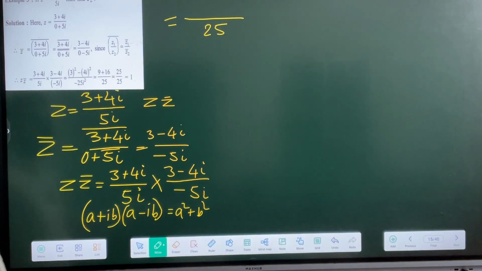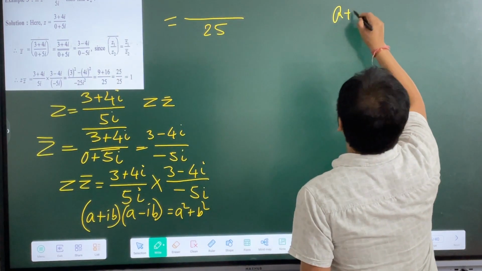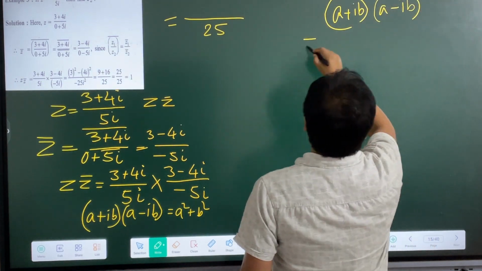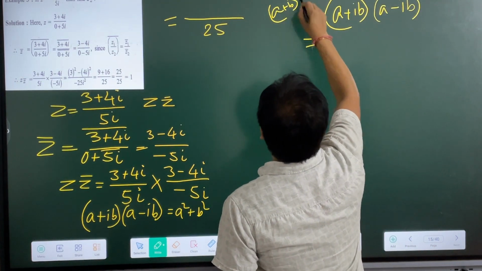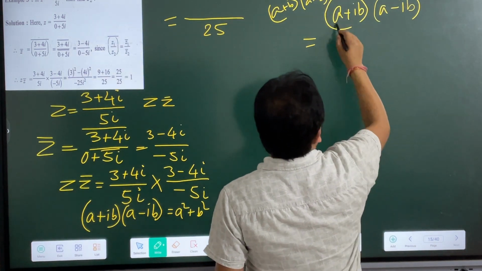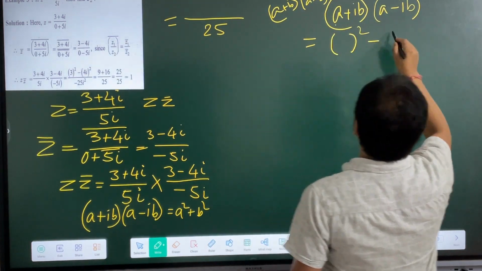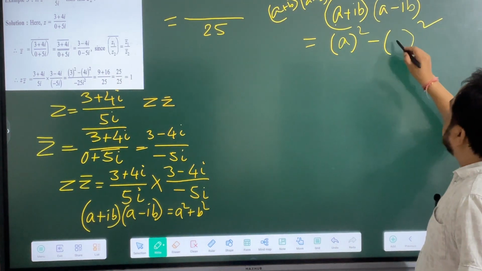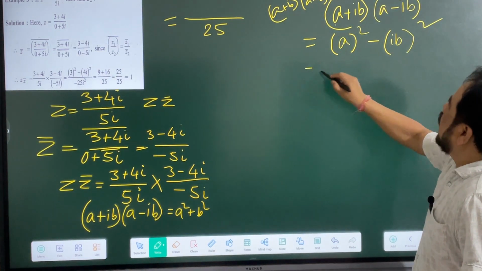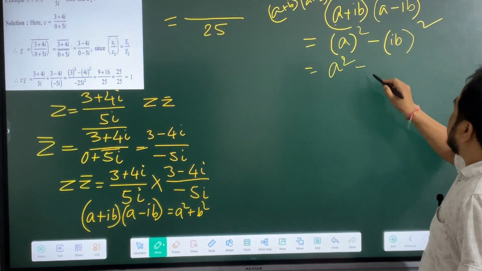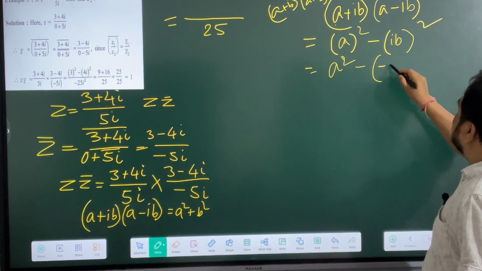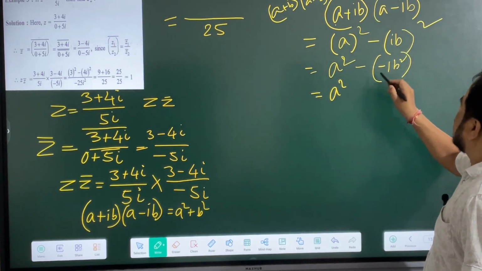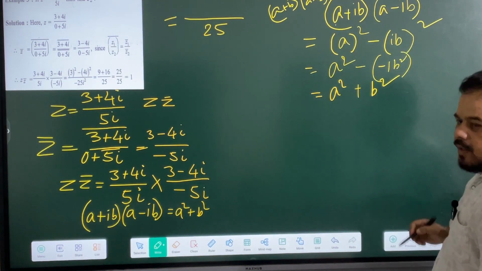Isn't it? Look here. a plus ib into a minus ib, that is the a plus b into a minus b formula. So a plus b into a minus b is what? a square minus b square. Here a is a, b is ib. a square minus i square is minus 1. b square is b square. So a square minus minus plus b square.